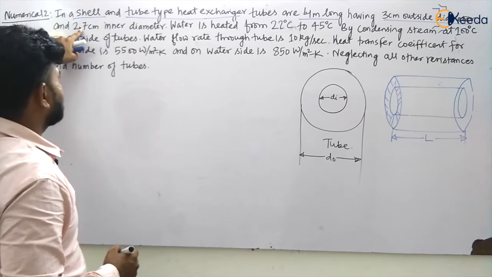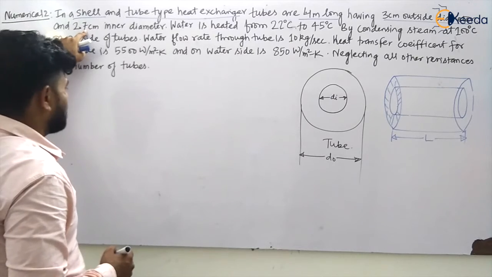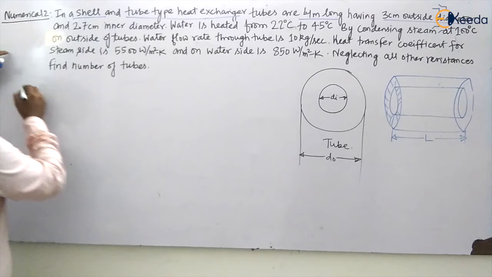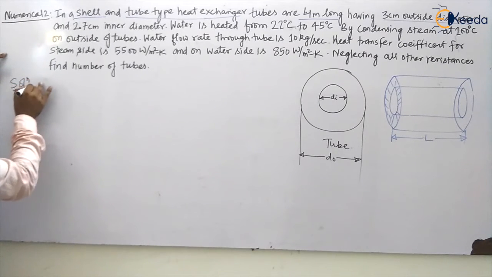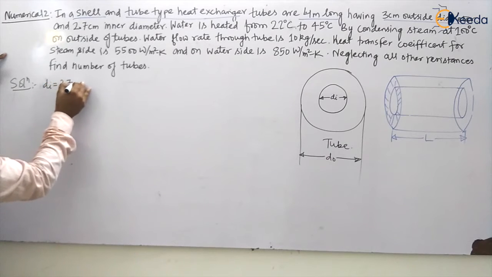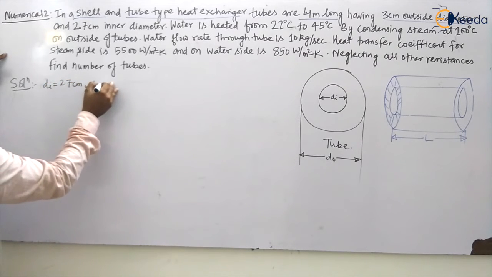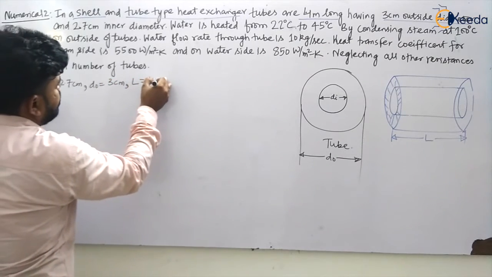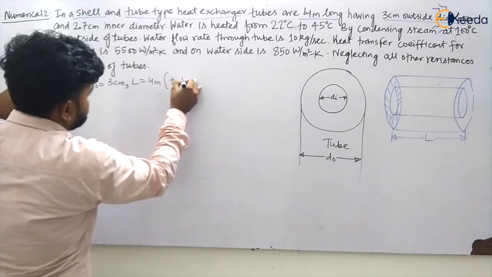Having 3 centimeter outside diameter and inner diameter 2.7 centimeter. So your di is given to be 2.7 centimeter, and d naught is given to be 3 centimeter, and length is 4 meter long, and this data is for tubes, my dear students.